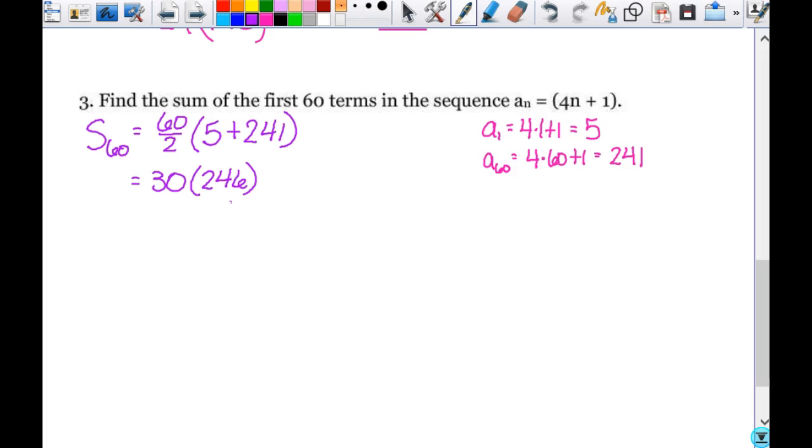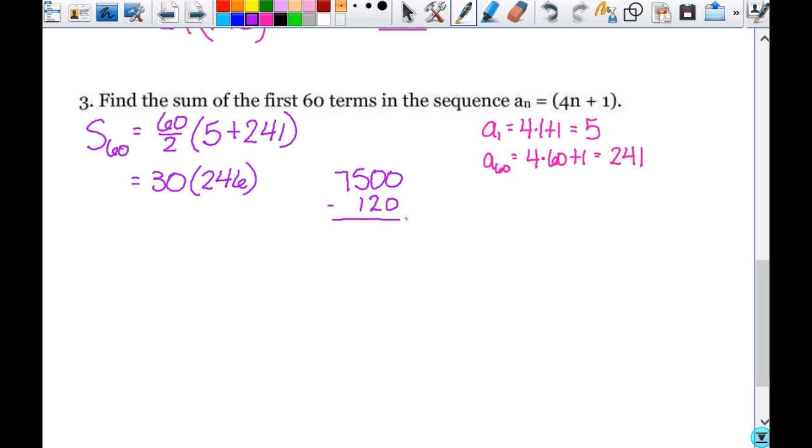All right. What's 30 times 250? What's 3 times 25? 75. And then how many zeros do I need? 2, one from the 30, and one from the 250. Right? But I didn't want 250 of them. There's 4 extra there. So I got to do 4 times 30, which is 120, right?